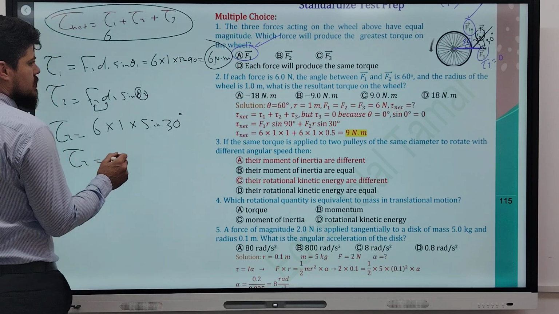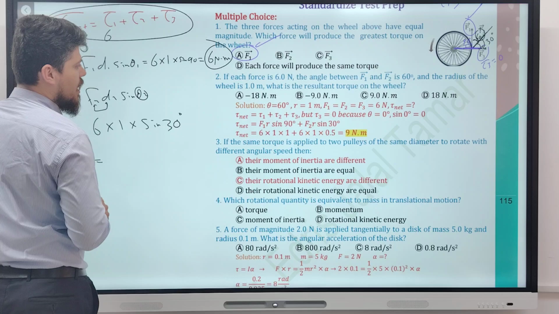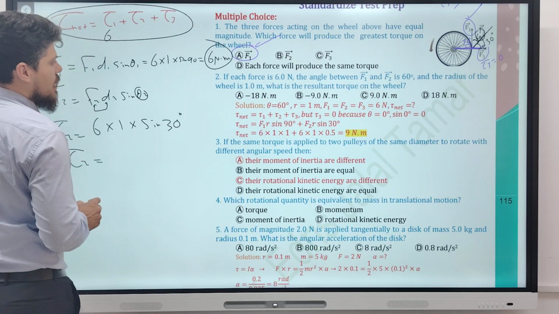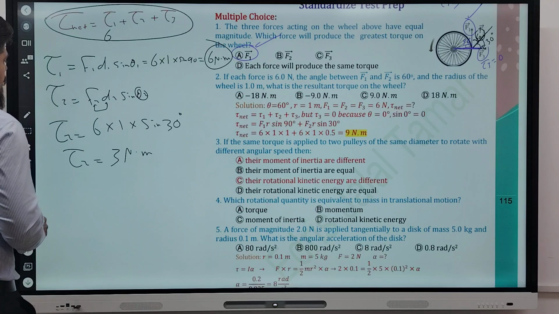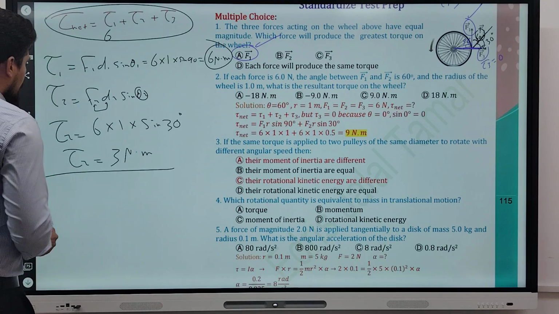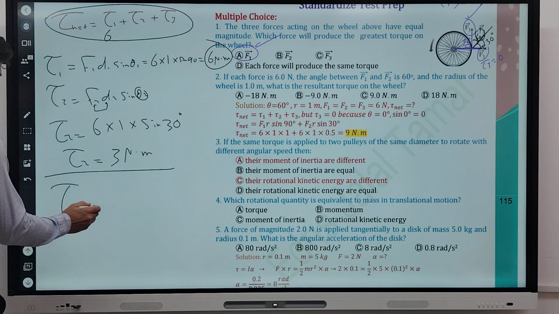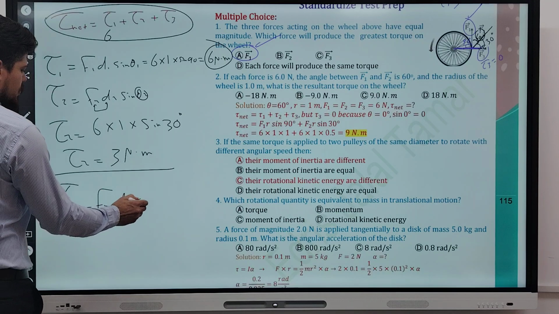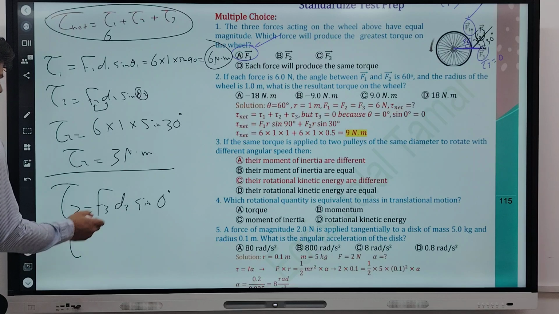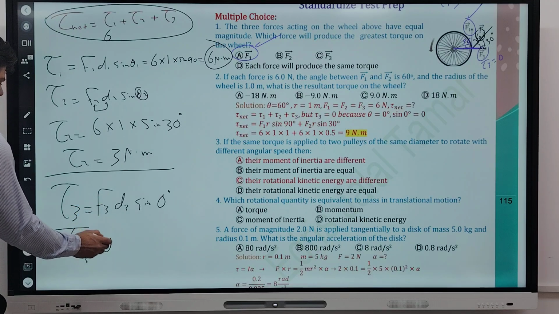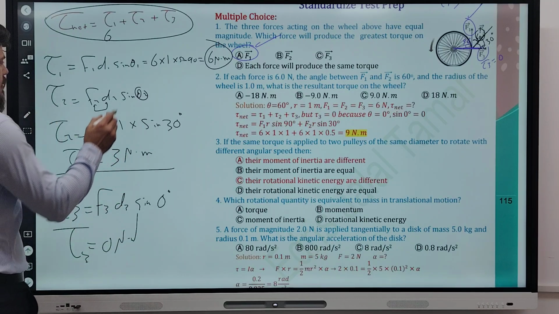Torque number 2 is equal to 6 times 0.5 is equal to 3 Newton meter. Okay. Torque number 3 is equal to F3 D3 sine 0. Sine 0 is 0 times force times D is equal to 0 Newton meter.